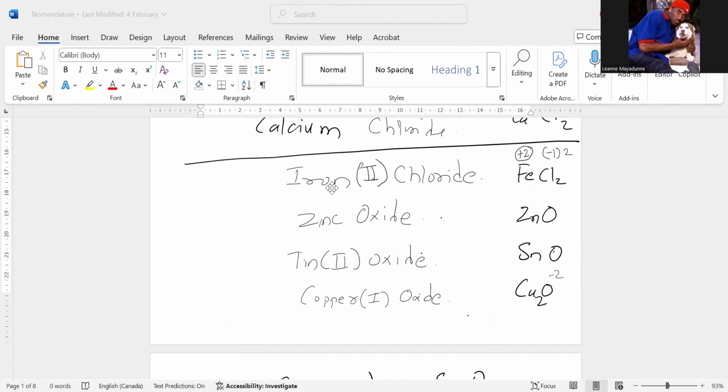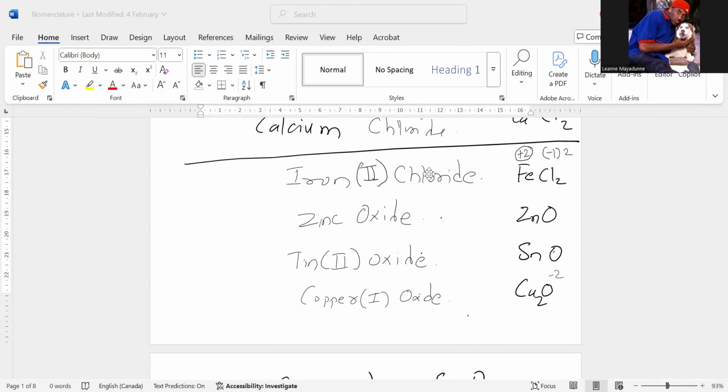Now, if you notice over here, iron 2. This is called IUPAC nomenclature, where the charge is represented by a Roman numeral. Whenever we say iron 2 chloride, we know that iron has a two negative charge.